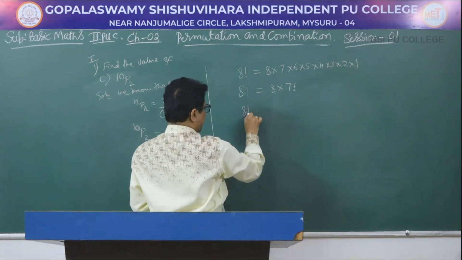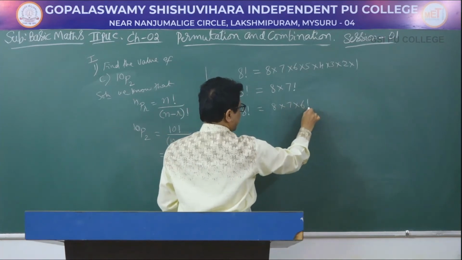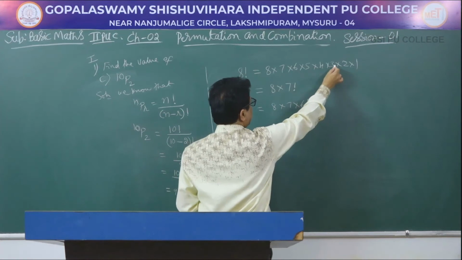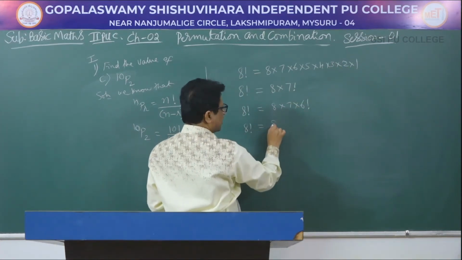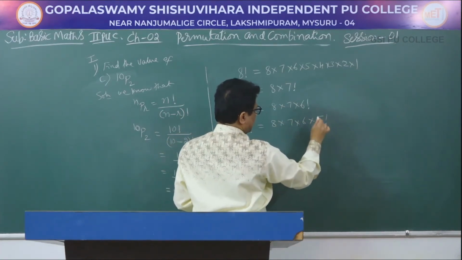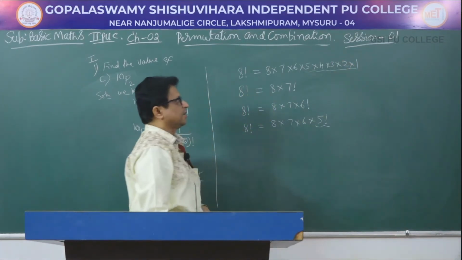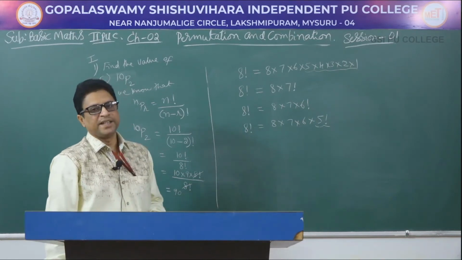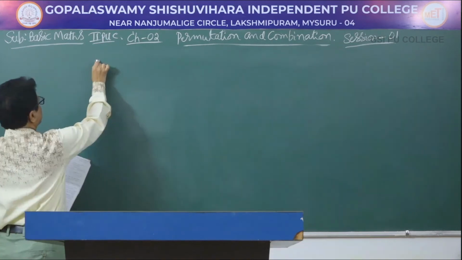It can also be written as 8 into 7 into 6 factorial, or 8 into 7 into 6 into 5 factorial, because 5 factorial is 5 into 4 into 3 into 2 into 1. If you remember these concepts, it will be easy for you when you simplify the problems.